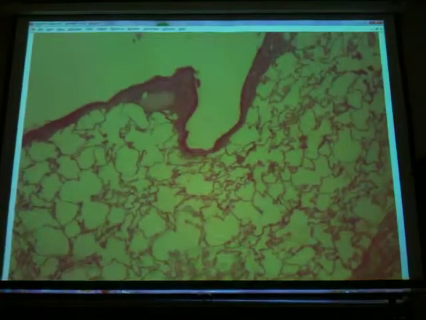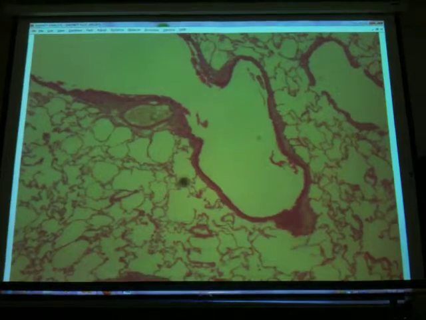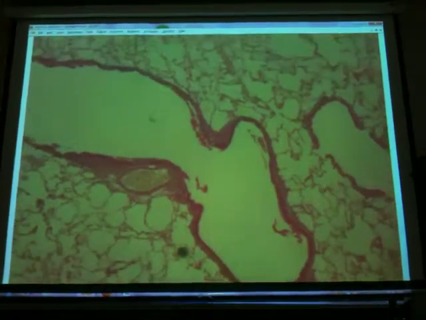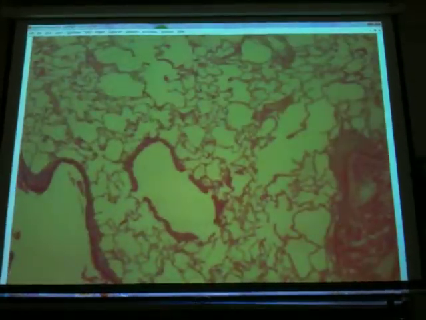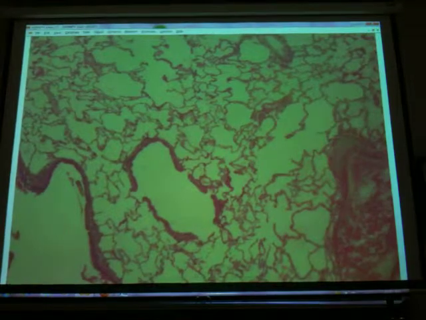I believe it's this slide that has lymph nodules. I found them yesterday. I'm not seeing it right here, so I'm going to move on, but I want to show you this little one right here, just to help you understand what's going on.